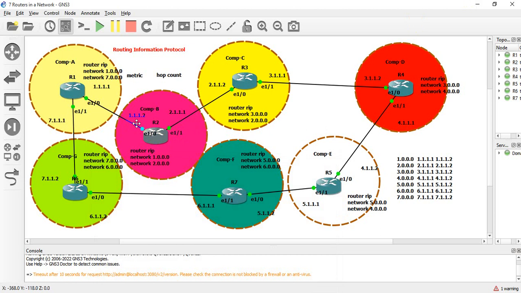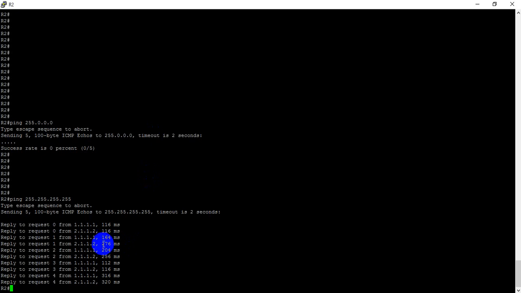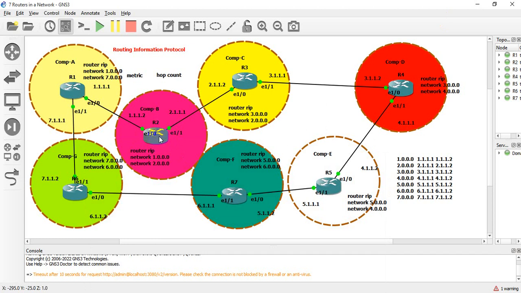I've checked on router 2. So the broadcast reply is coming from these IPs, meaning the broadcast is coming on this port to this router and on this port to this router. Means the broadcast is working from all devices. So yes, it is possible.